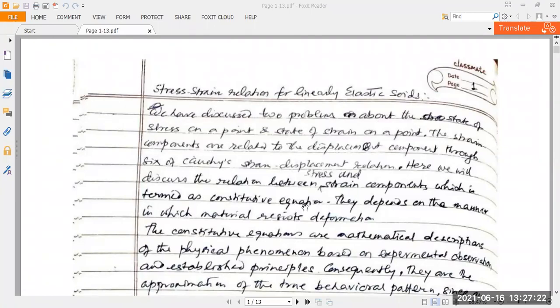Please answer. Is this matter visible to you?